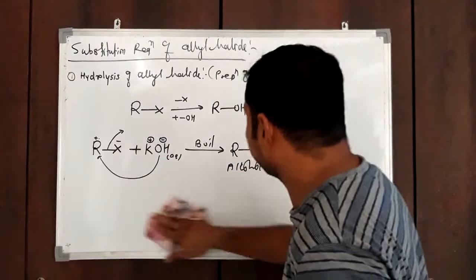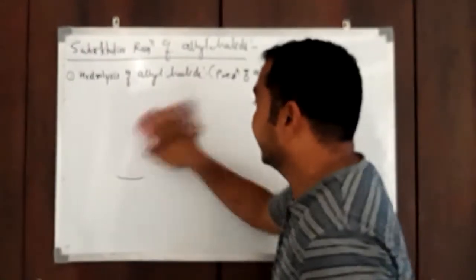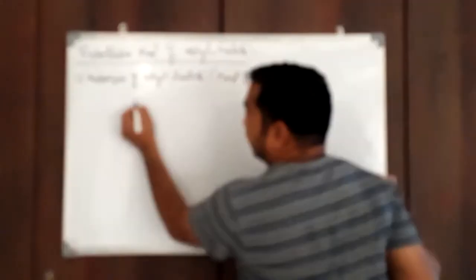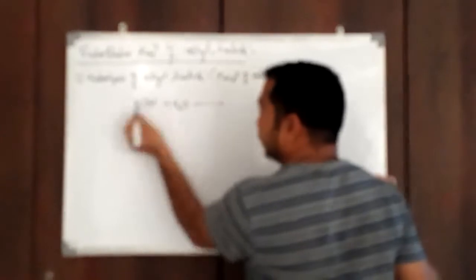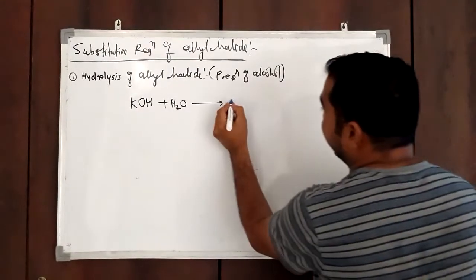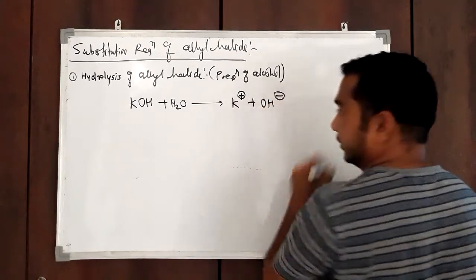See, I will write some steps of how the reaction takes place. KOH plus water: dissolve this KOH in water, then you will get K plus and OH minus ion.